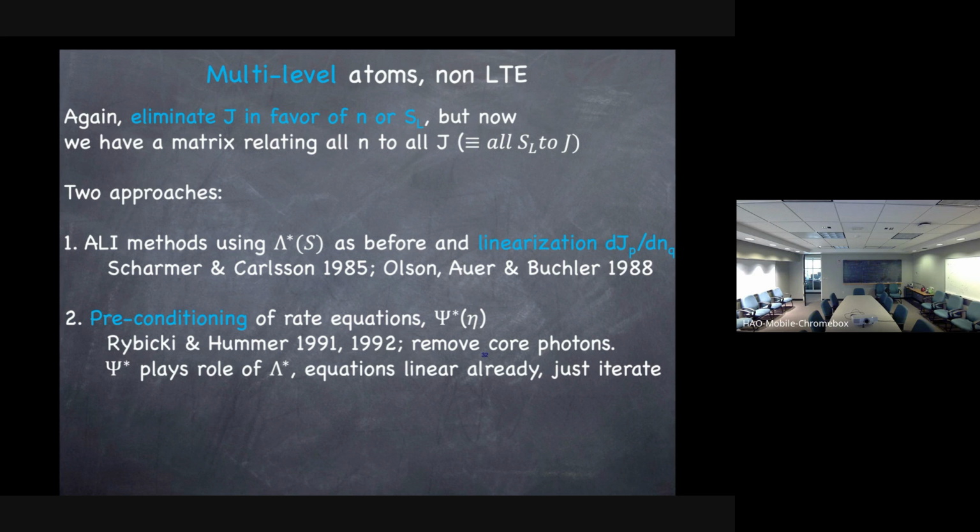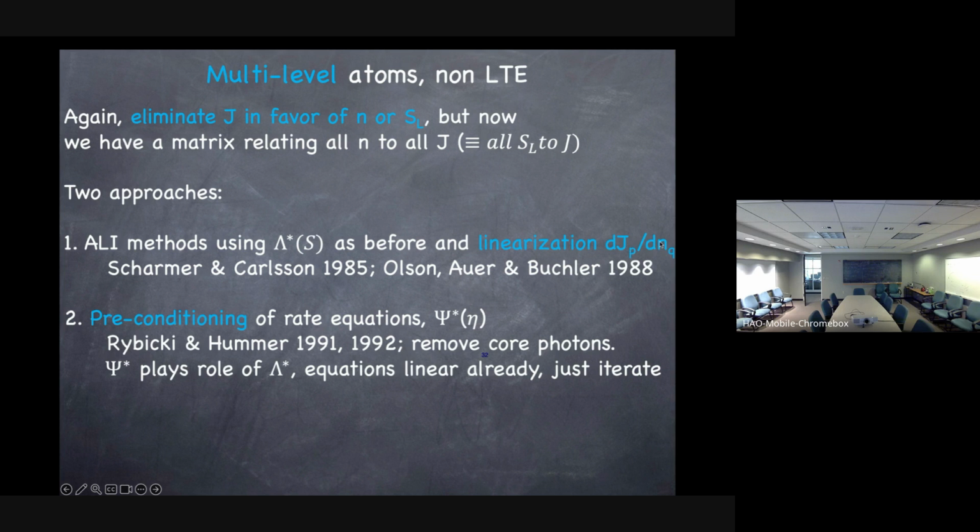In fact, we do, if each level has radiative transitions. Okay, that's not such a big deal. We're still dealing with linear algebra. So there are two approaches: the Arley methods using lambda star S and linearization.